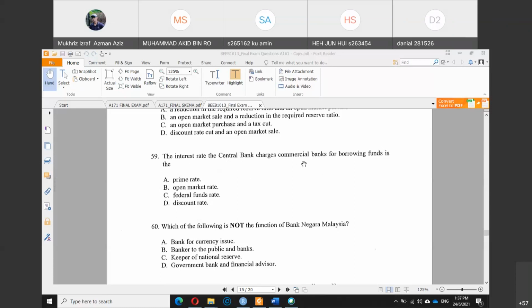If a bank has less money, in cases where they need to borrow from the central bank, the central bank will also charge an interest rate. But the name of the interest rate charged by the central bank to the commercial bank is known as what? A, B, C, or D? Is it prime rate, open market rate, federal funds rate, or discount rate?